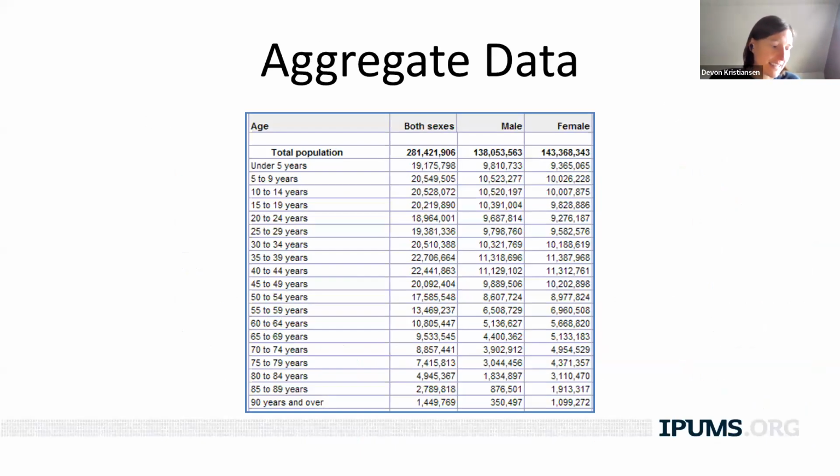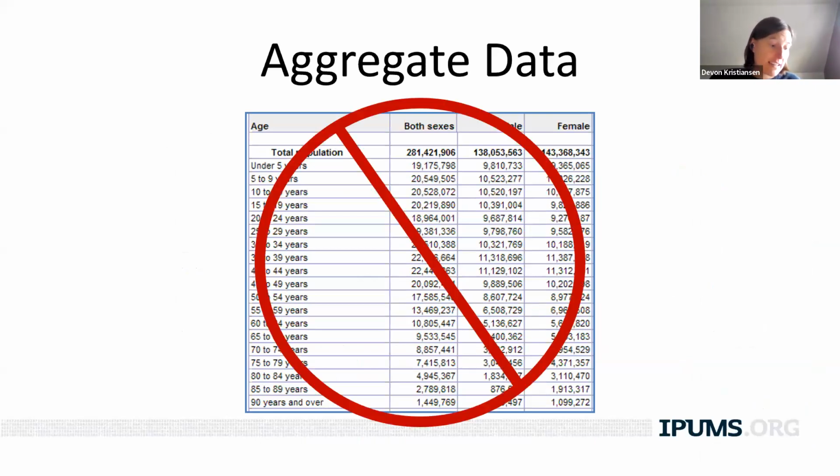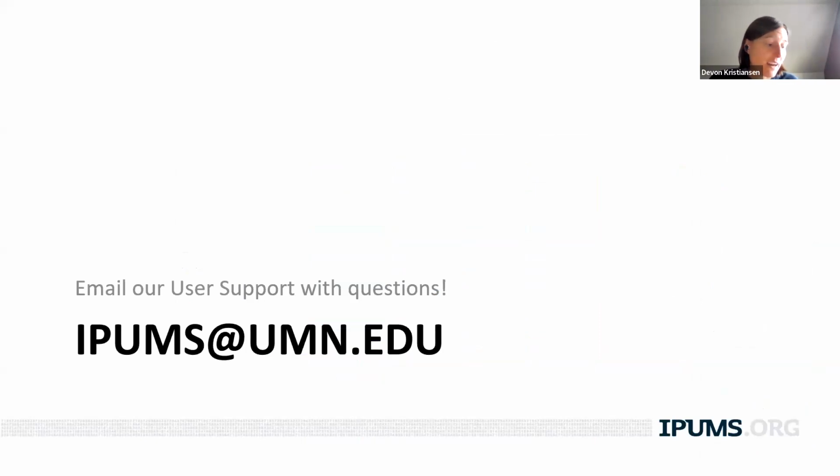I want to emphasize again that the projects we're discussing today are not aggregate data. From our websites, you are not downloading tables grouped at the country or region levels. They are large files with individual records. We also have a dedicated user support team who you can email with questions if anything on our websites isn't clear. They can also answer questions about any data collection, or if they don't know the answer, they know who to ask.